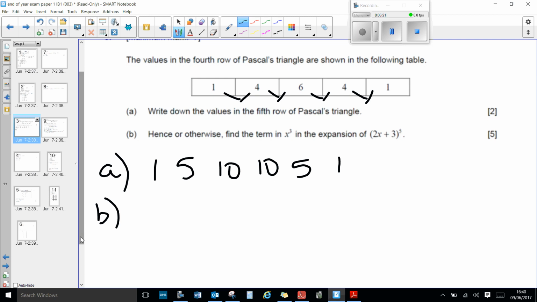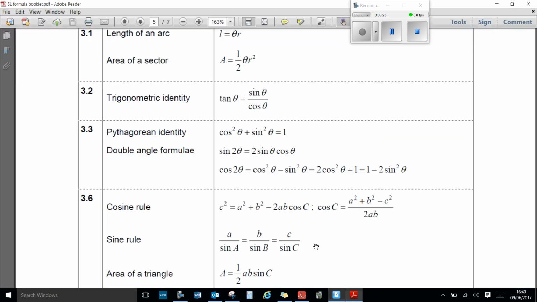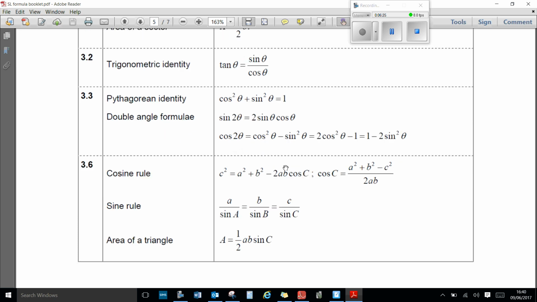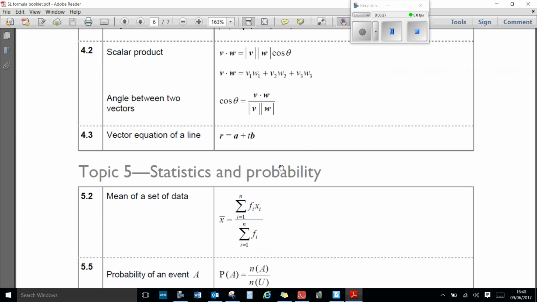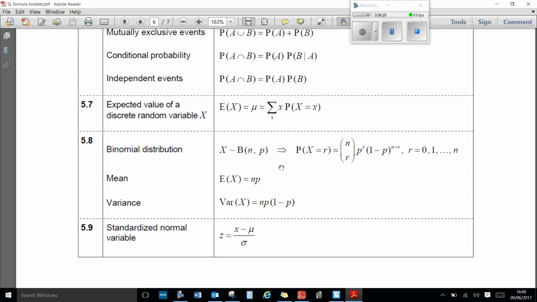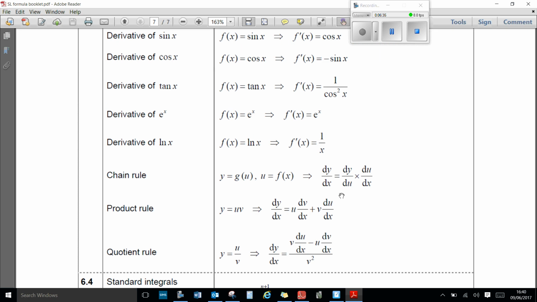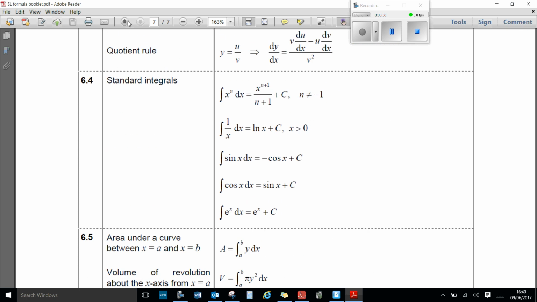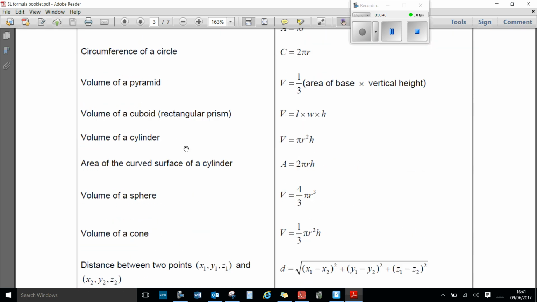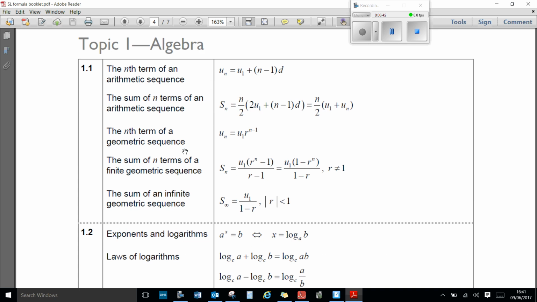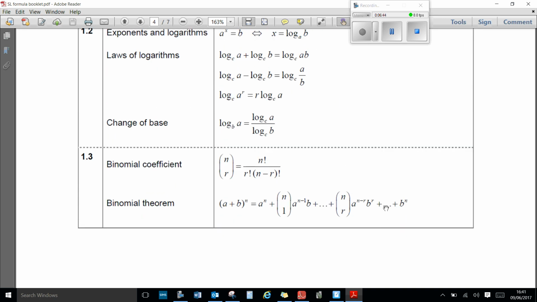So again, let's refer to our formula booklet. I think it's actually one of the first pages. Here we go. This is our general form.